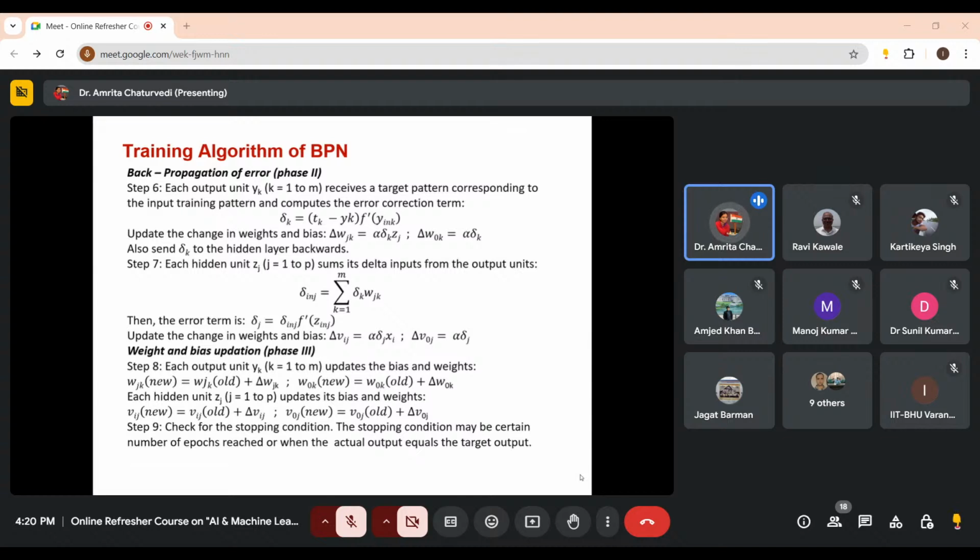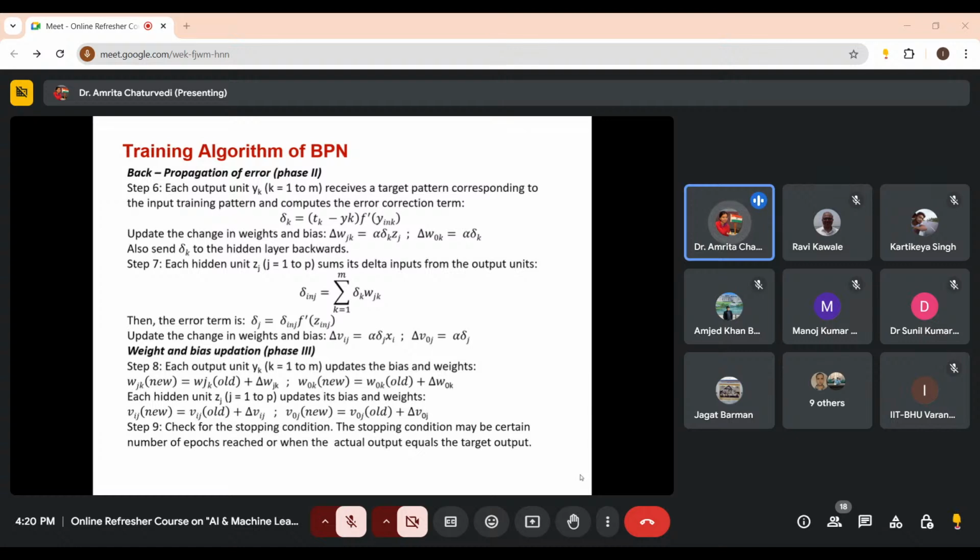Then you send delta k to the hidden layer backwards. So each hidden unit Zj, j will range from 1 to p because p number of units are there at the hidden layer. Then it sums its delta inputs from the output unit. So del inj is equal to summation k equal to 1 to m del k wjk.